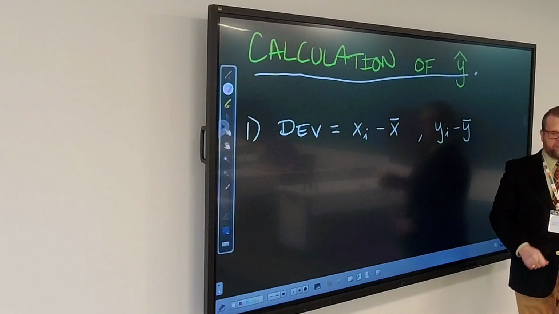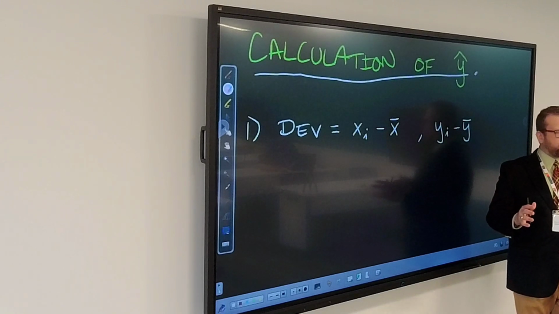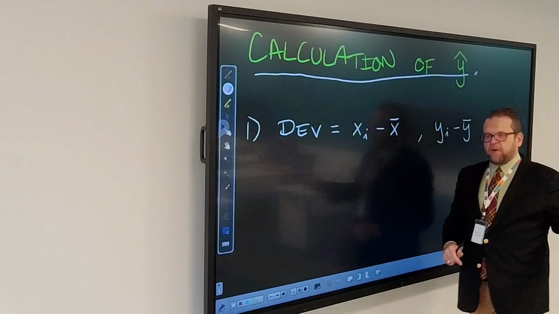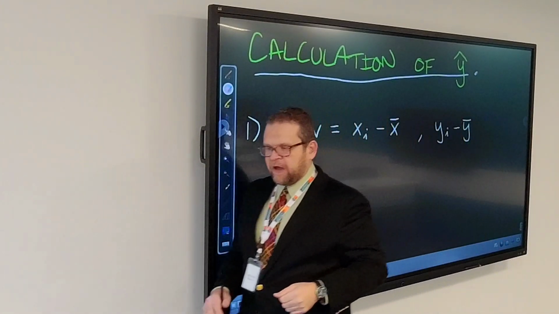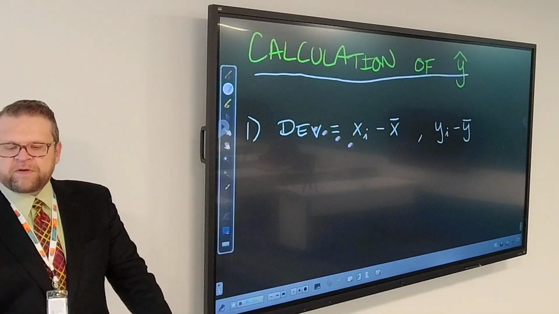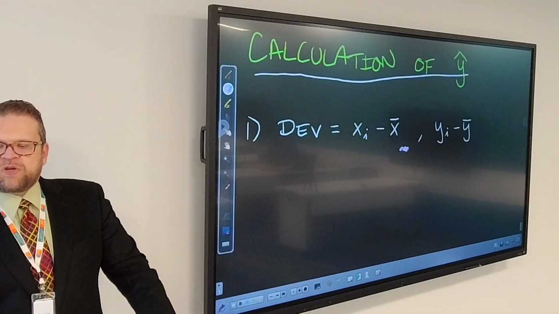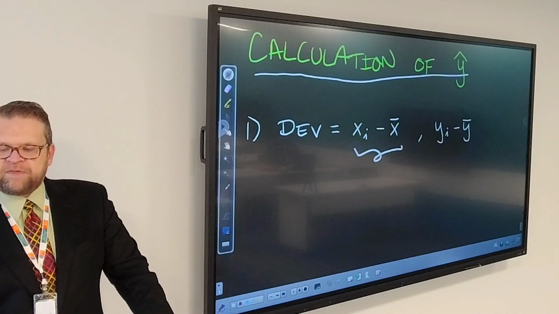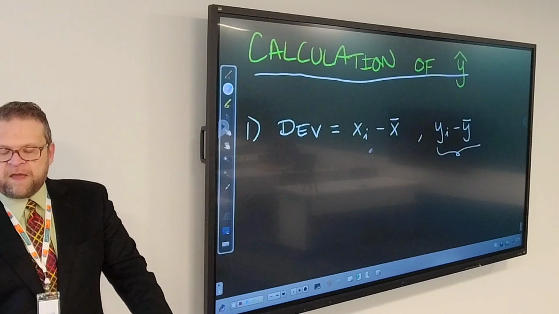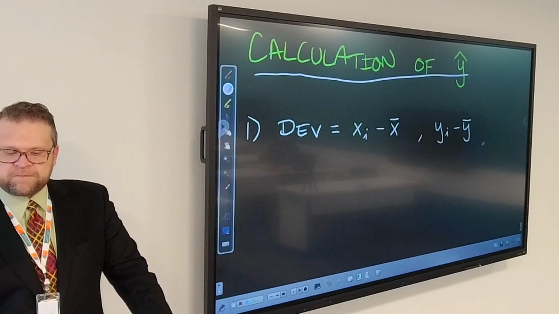And each one of those ordered pairs has an x-coordinate and a y-coordinate. To find x bar, I would take the average of all the x-coordinates. To find y bar, I take the average of all the y-coordinates. So then each coordinate has a deviation. The x-coordinates have deviations, the y-coordinates have deviations.